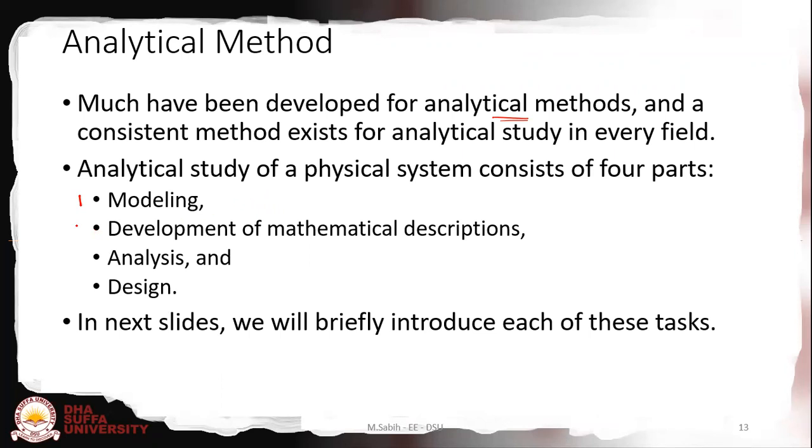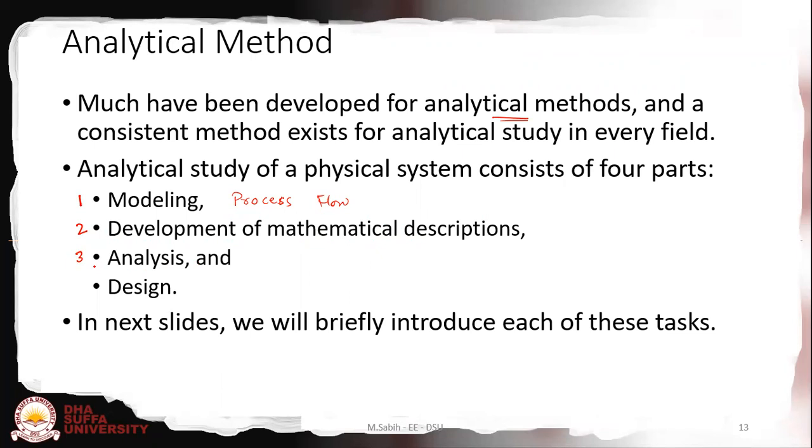The second step comes after having this. This is similar to the process flow or the recipe in the industry. Then we develop the mathematical descriptions of how every system is behaving. The third thing is the analysis.